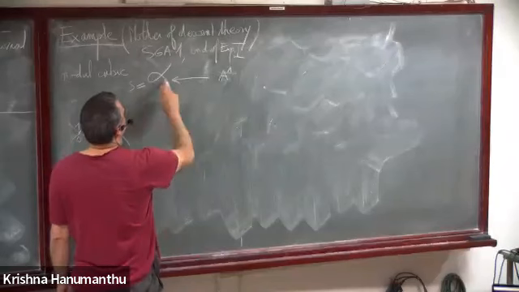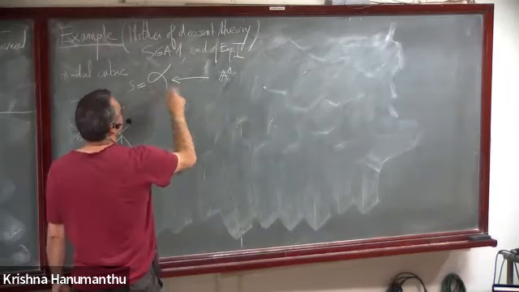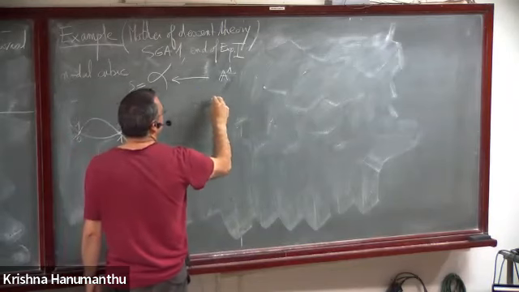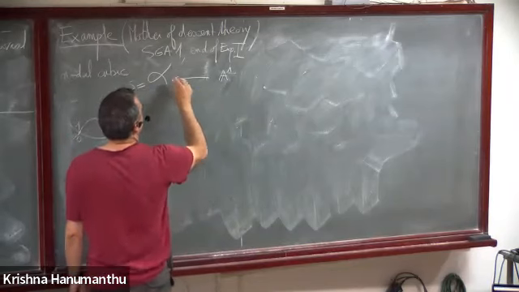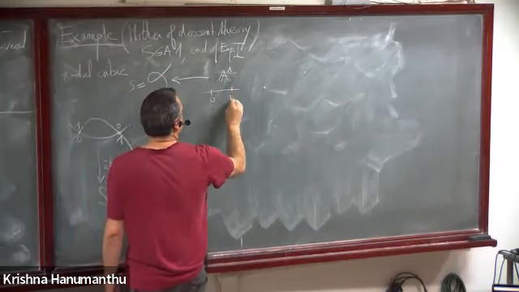So I forgot to say, this nodal cubic is the same as A1, where you identify these 2 points.